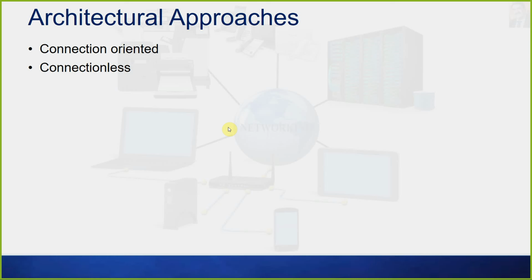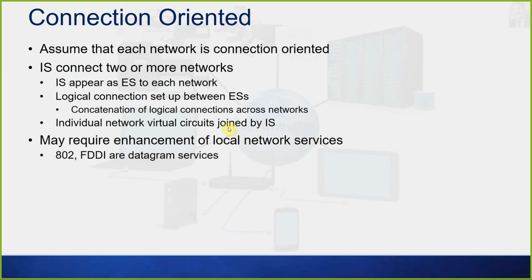Architectural approaches. There are two approaches, as we discussed: connection oriented and connectionless. Connection oriented, we discussed that. It is a revision now, refreshing. Assume that each network is connection oriented. An intermediate system connects two or more networks and appears as an end system (ES) to each network.